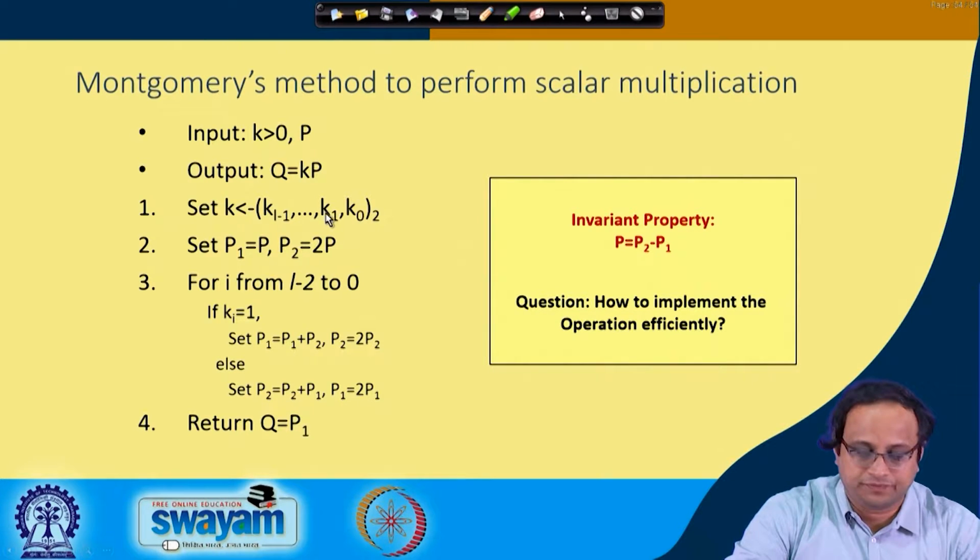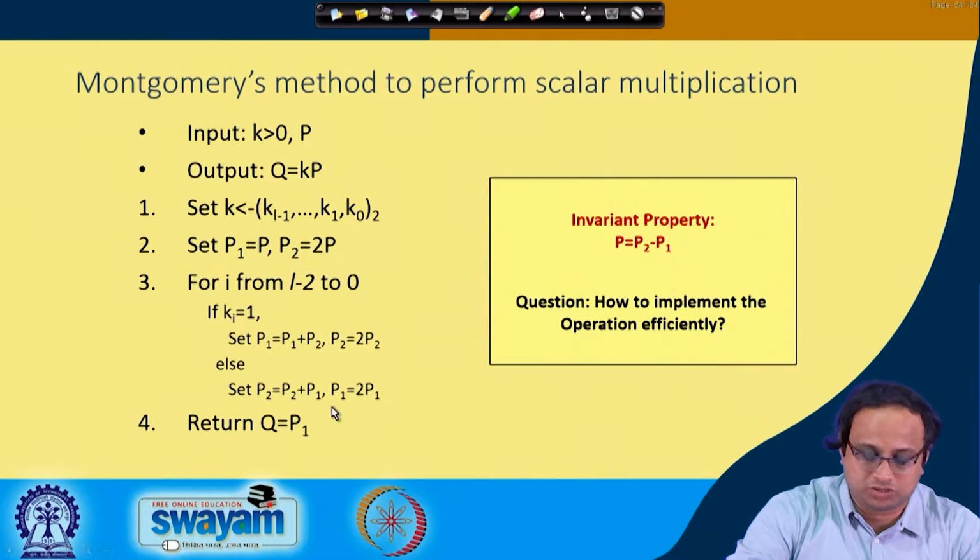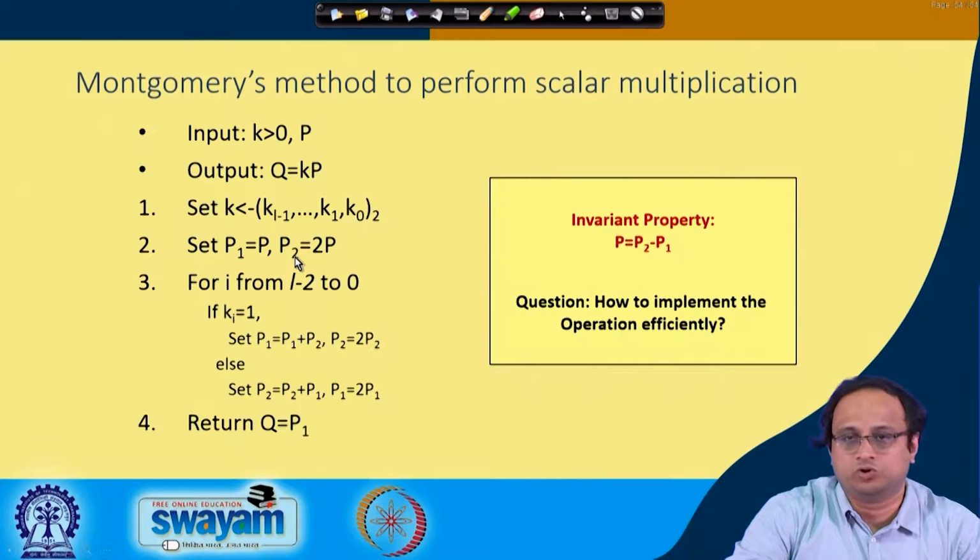The technique is that we introduce two registers P1 and P2 such that P1 is P and P2 is 2P. So, P2 minus P1 is 2P minus P, which is P. What we try to do is perform this computation in this ladder in a manner such that P2 minus P1 is always equal to P. That remains an invariant in this computation.